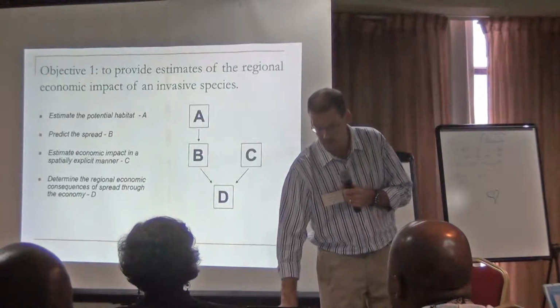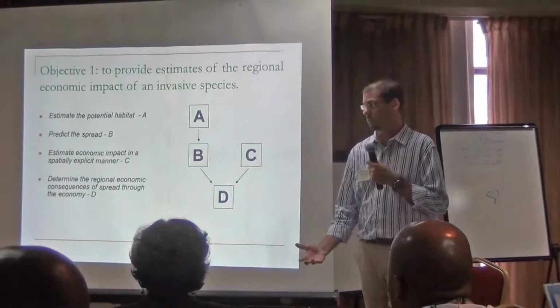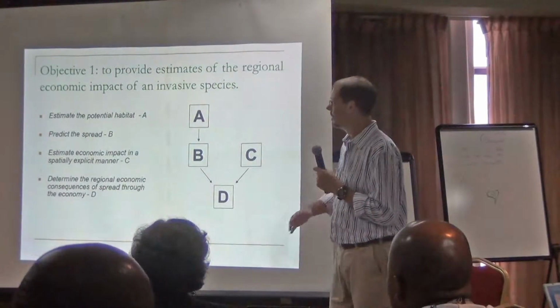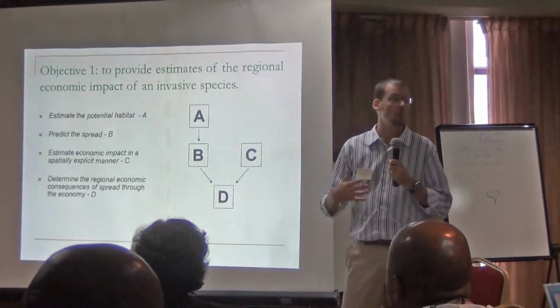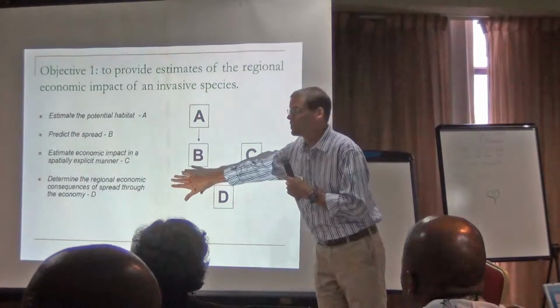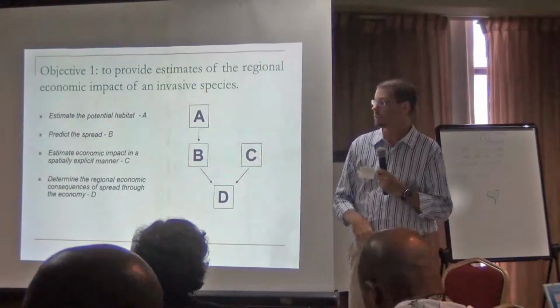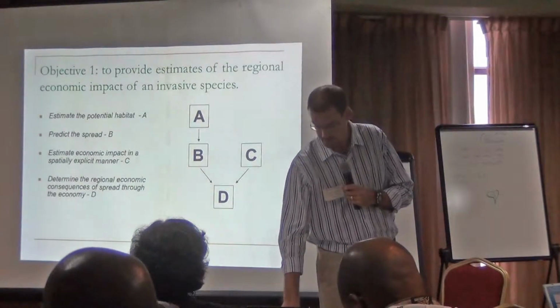To do that, we have a number of steps that we need to know about. First, we need to know where things can live, how they can live there, what the potential regional impact is, and what the consequences are as they spread through space, and that's only to get to objective 1.